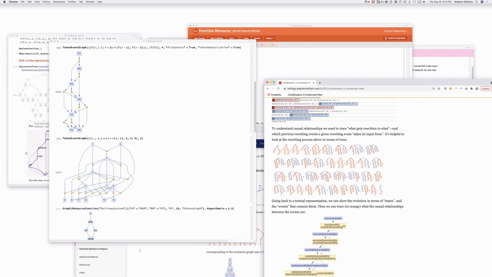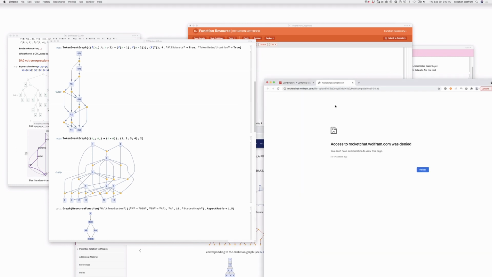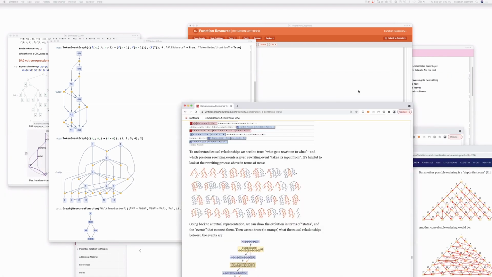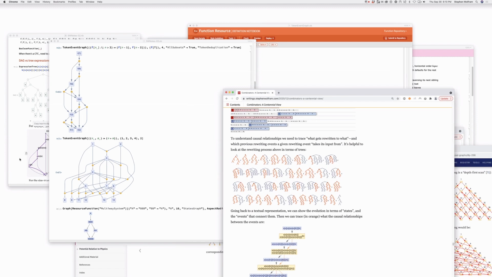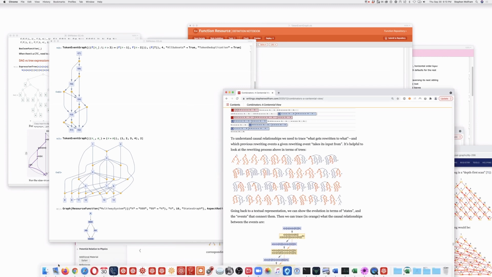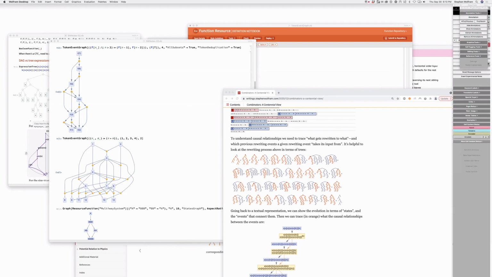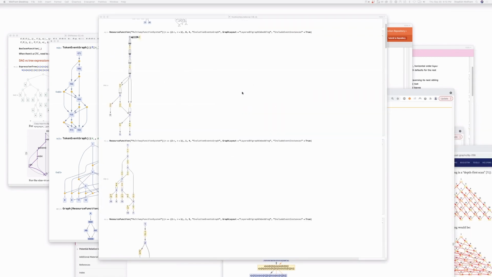So, let's see, what is this? This might be the notebook. Well, that's not useful. I need to know if James is giving me a notebook direction. And this is this.